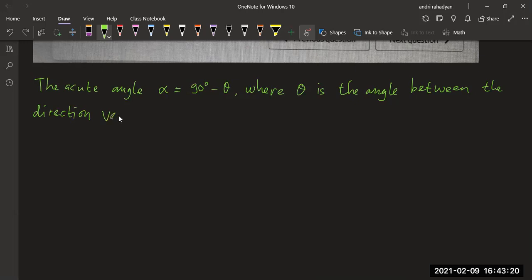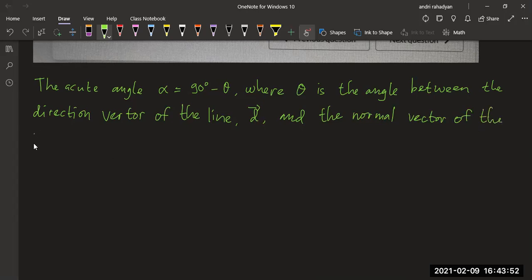The direction vector of the line, let's say d, and the normal vector of the plane, let's say n.